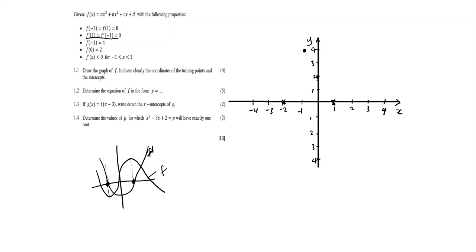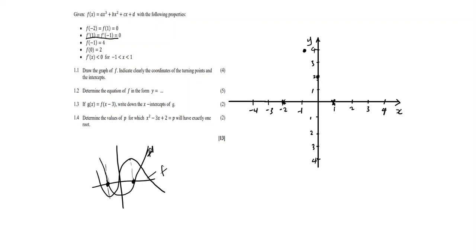So now in this case, we are told that f prime at 1 is equal to 0. So that is the x-intercept of a quadratic function. So that being of the quadratic function, it means that that is the x-coordinate of the turning point.